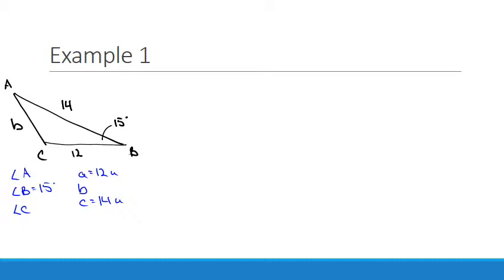I'm looking for this side B, so I have to choose a correct arrangement for the cosine law, and here it is. Write it out, and again we just go through just like we did before. Write the things in, calculate the numbers.